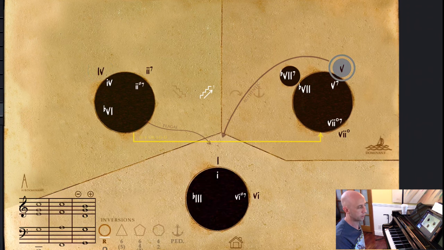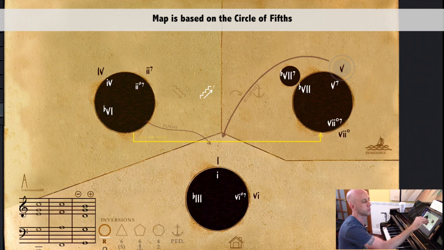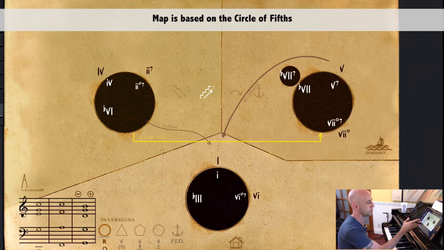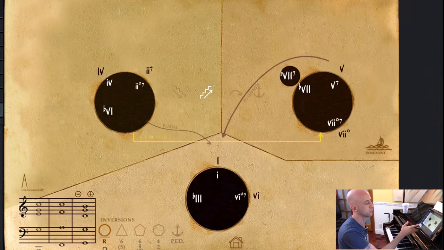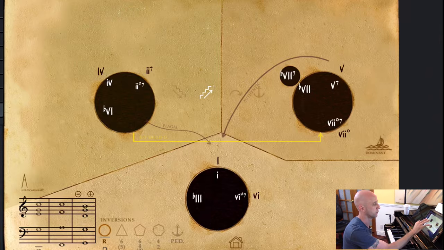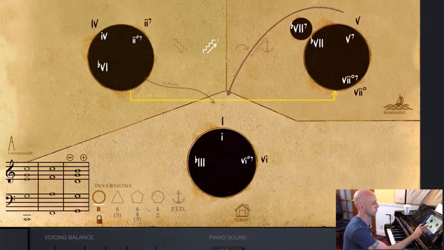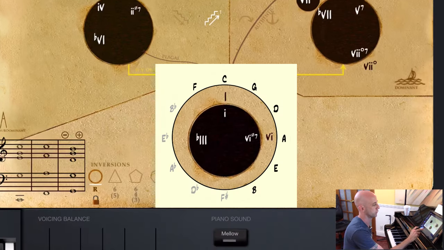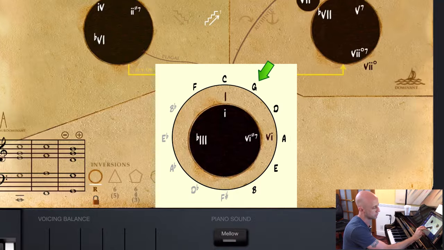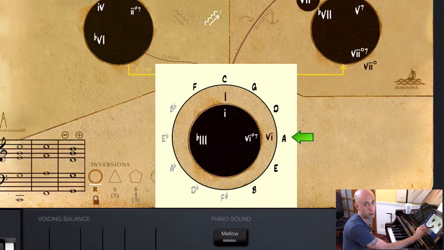It's important to note that all these chords are superimposed onto separate circles of fifths, if you will. And a chord's function is always with regard to the circle in the same place. So we've basically taken a circle of fifths and taken out a bunch of the chords. So if we're in C, which we are, you'd have a C there, you'd have a G there, you'd have a D there, and then boom, there's A minor, the sixth chord.